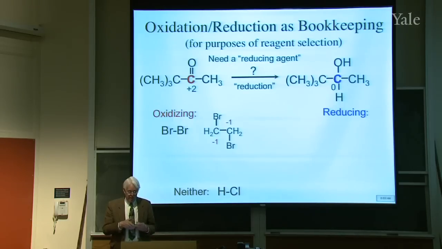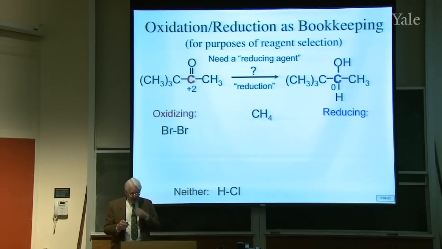So if we want to go from ethylene to dibromoethane, we need an oxidizing agent like Br2, not Br-. Sodium bromide isn't going to do it. It has to be Br0 that's going to do it. You need an oxidizer.